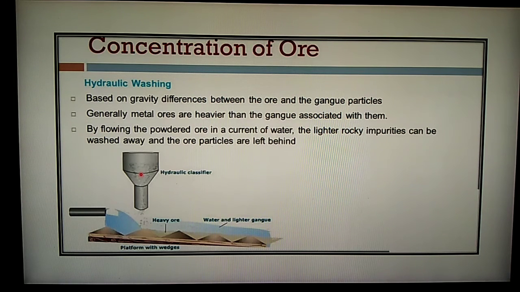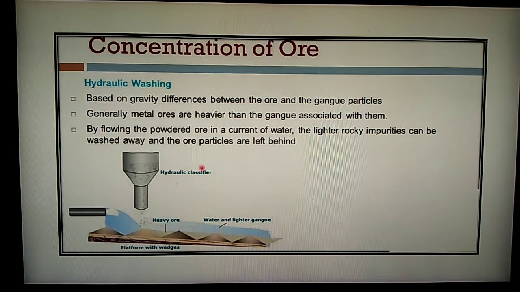The powdered ore is introduced into the hydraulic classifier. Here a platform with wedges is present. A current of running water is allowed to fall on the platform with wedges. Between the wedges there is a groove. Groove means a slight or small depth.